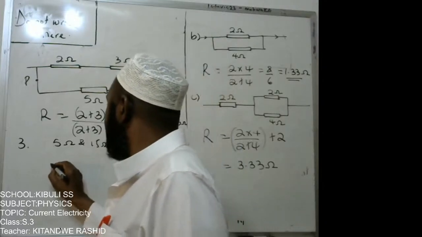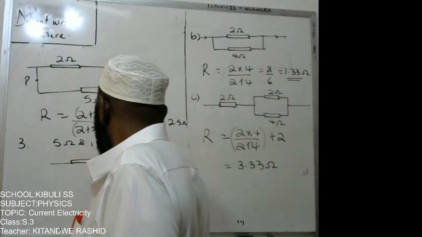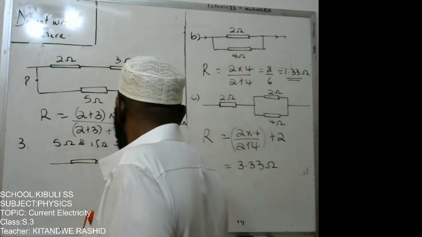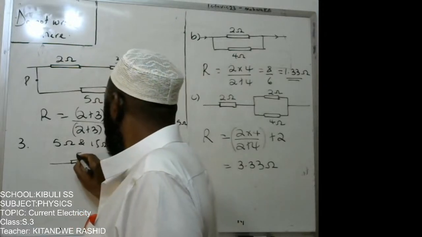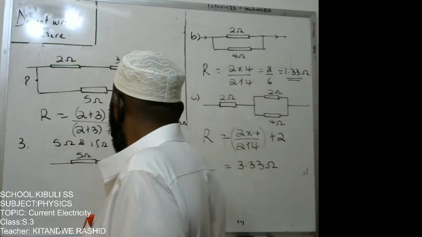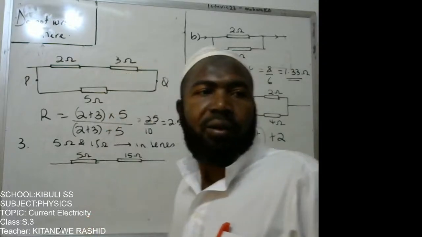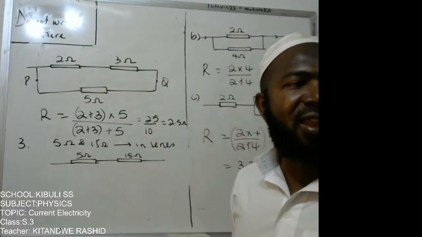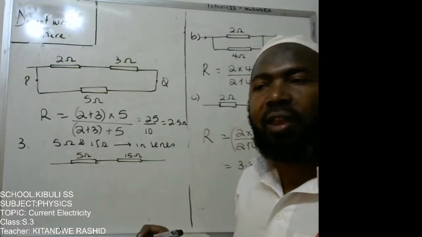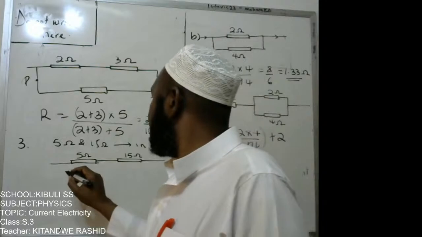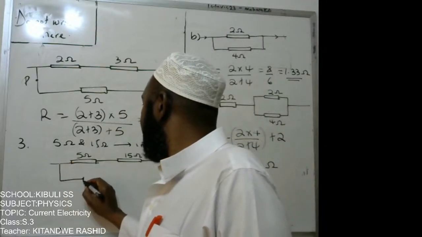So we can arrange it. It was originally in series, 5 ohm, 15 ohm, joined in series and then placed in parallel with the 20.